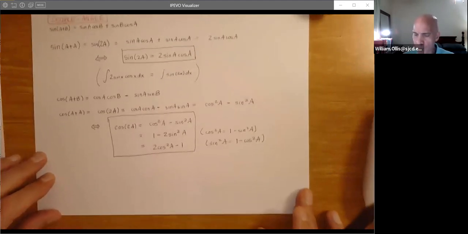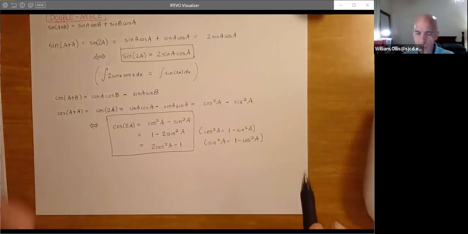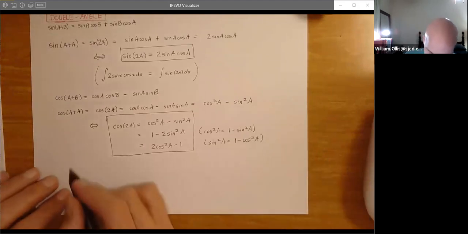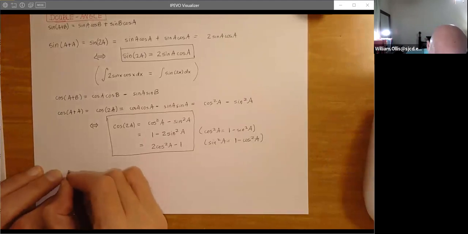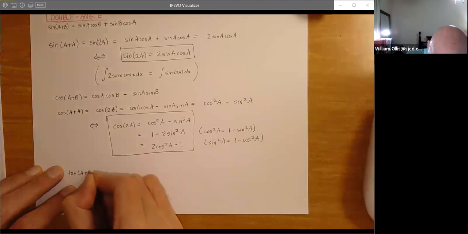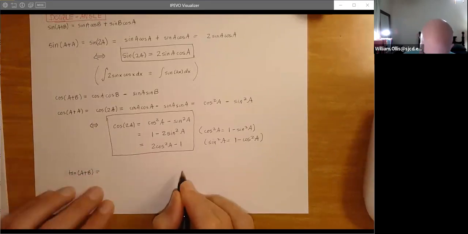Okay, so again, double angle. Now you're thinking tangent, are we going to leave tangent out again? No, we'll go ahead and throw it in. So just remember, tangent, this is quick, but A plus B, we'll just write it down.